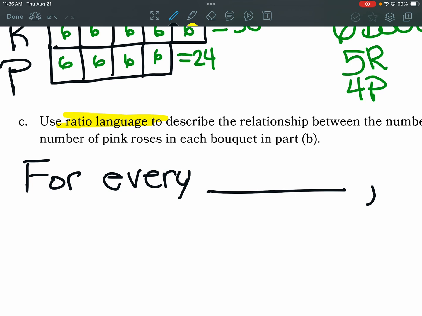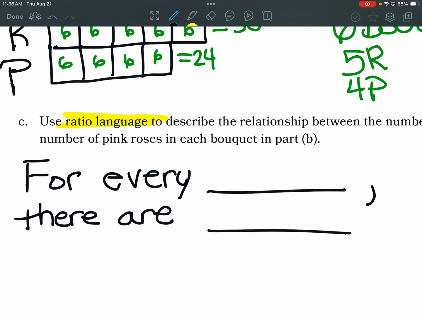All right, so on this one, that's the first part. So for every blank, there are blank. This is the one time I make you write a sentence because that is ratio language. That's what they want. And it is whatever the ratio is. So yesterday my example was apples and bananas.